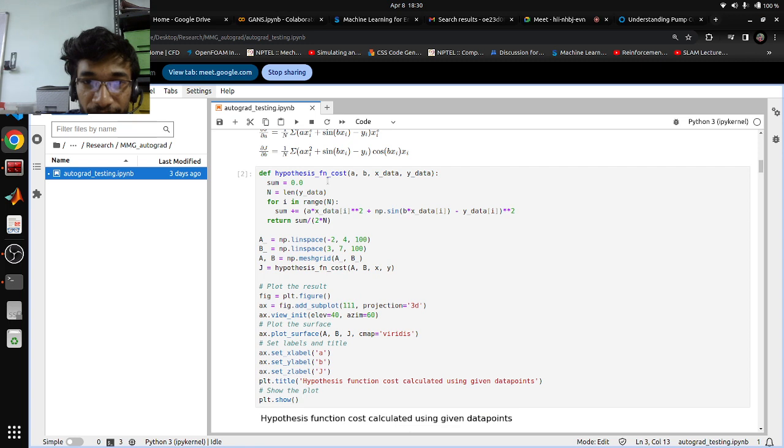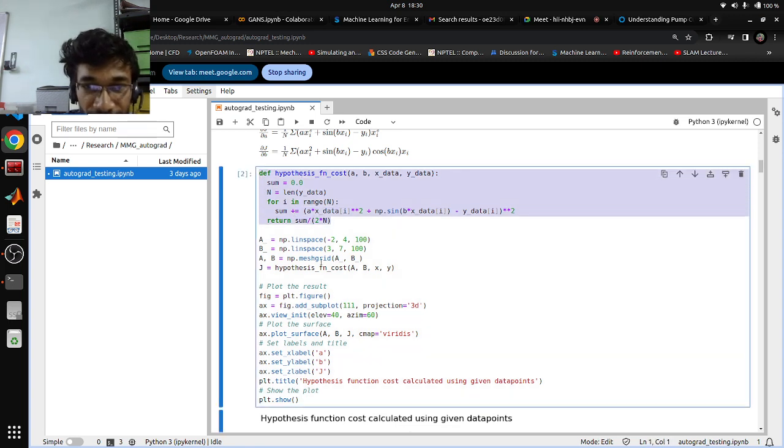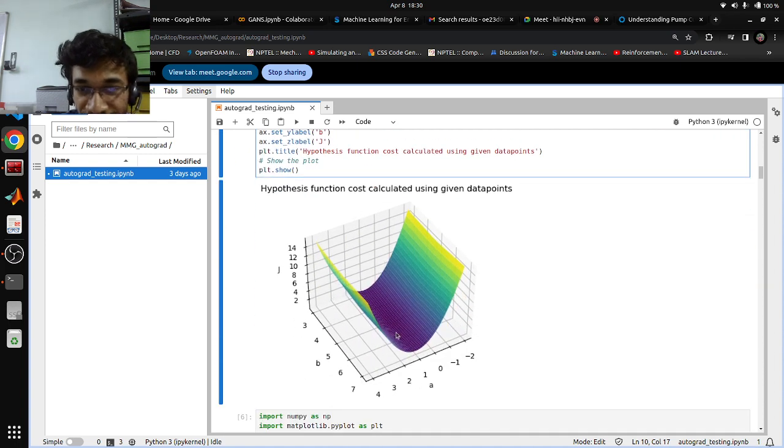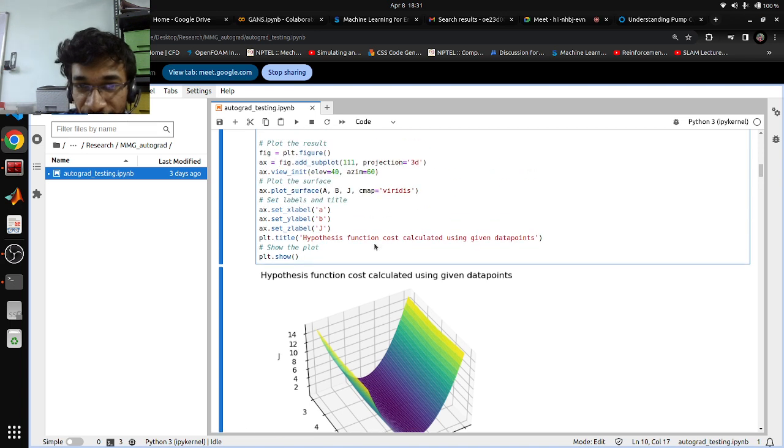So, let's say I will directly come to the... oh yeah, so this is how the function really looks like. I chose a random set of A values and B values, in fact a grid of A values versus B values, for the function that we are trying to minimize.